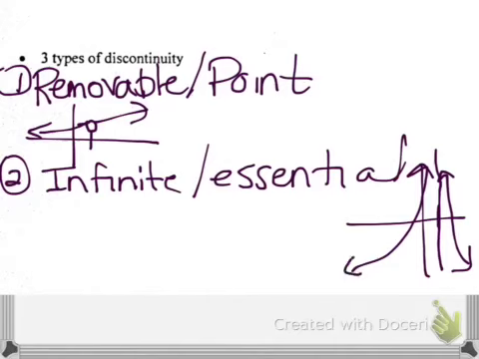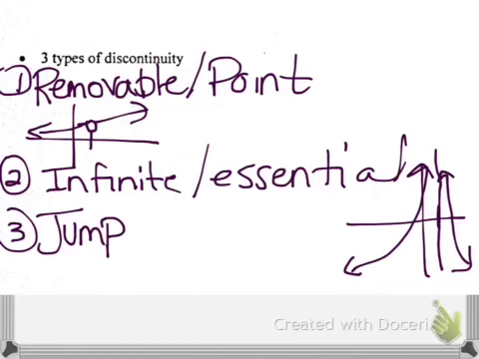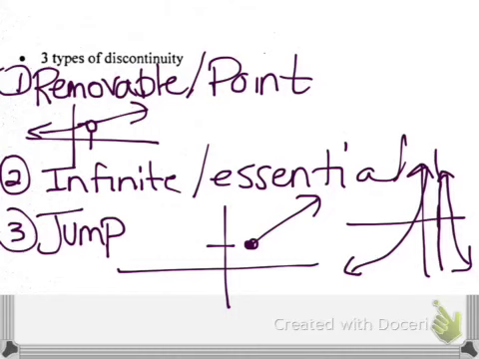I jump over the asymptote. So it wouldn't be continuous at the asymptote. And the third type is called jump, where the graph literally breaks and jumps from one y value to the next. So all three of these cases are discontinuity at some value a, and that's what they're called.